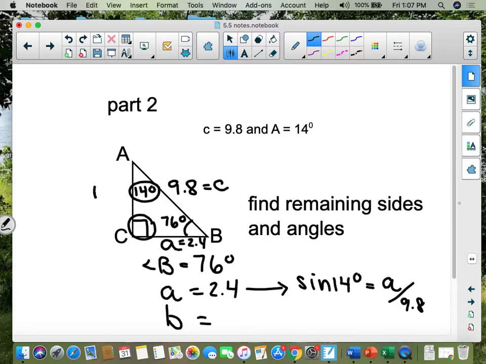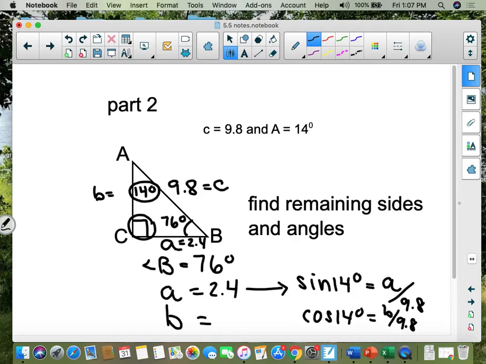And then you have to find side B. You can do a squared plus b squared equals c squared if you really want to use the Pythagorean theorem, but they really don't want you to use the Pythagorean theorem. They really want you to find side B by maybe doing the cosine of 14 degrees. The cosine of 14 degrees is the side adjacent B over the hypotenuse. You don't have to use cosine. I could have used sine of 76 degrees, which is the side opposite over hypotenuse.